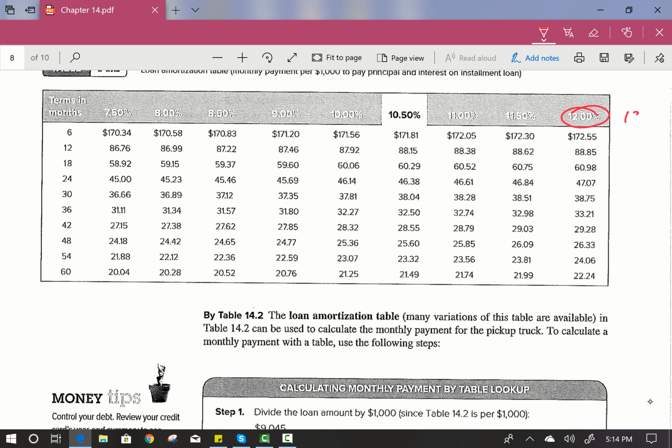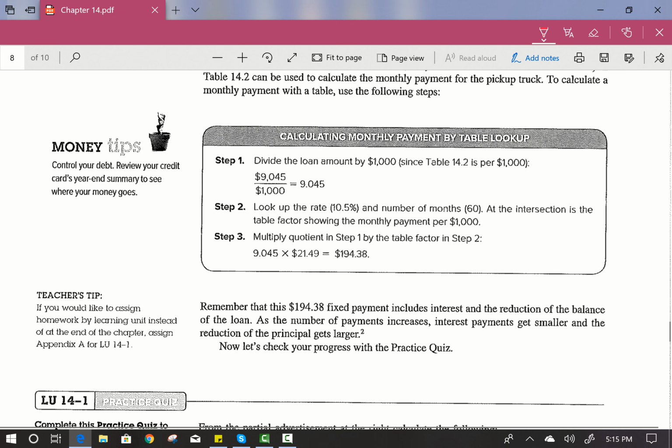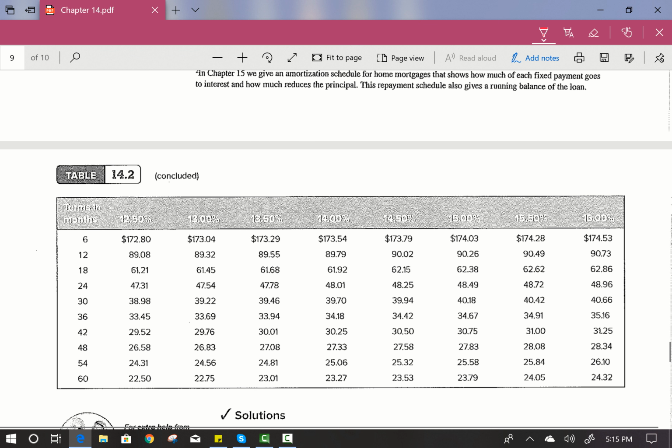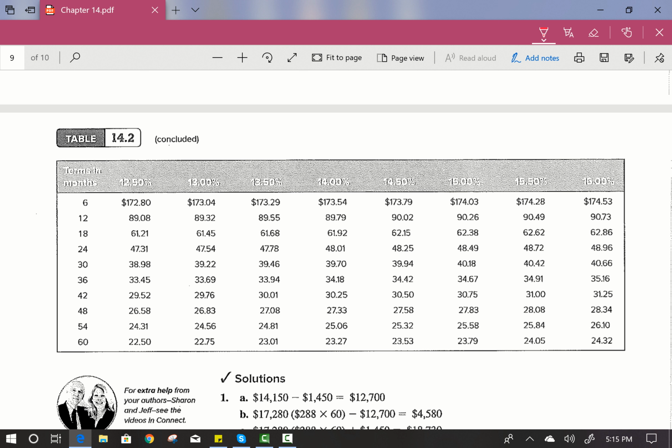If we had 13% on the table, it would be right here. I think they're going to have you look inside of your handbook for that, unless there might be another page that I didn't copy. Let me check on that real quick. Yeah, here it is, 13%. And so 13%, and then 48 months, the corresponding factor is 26.83.